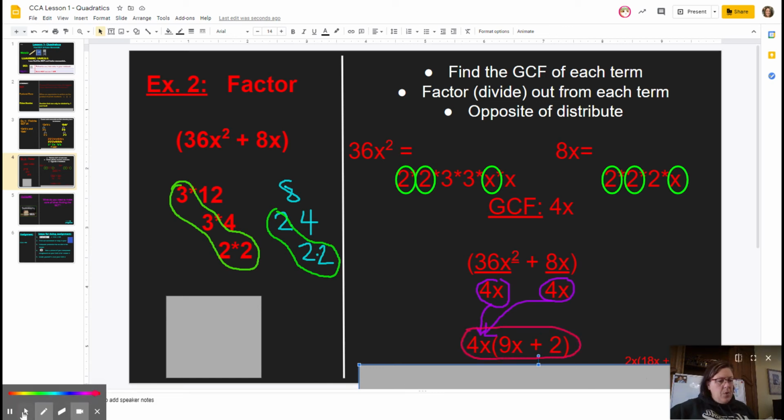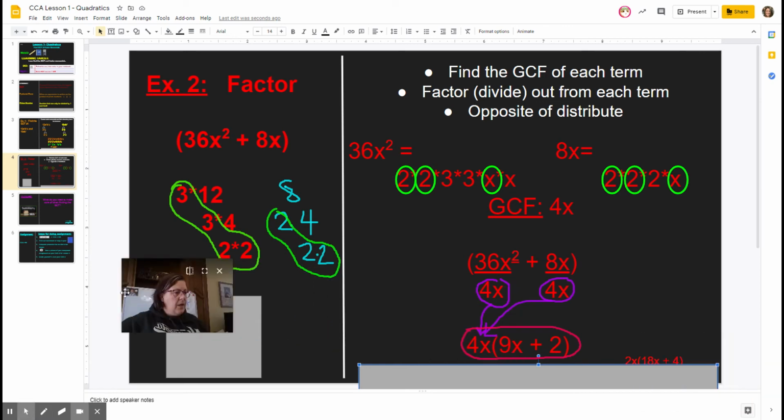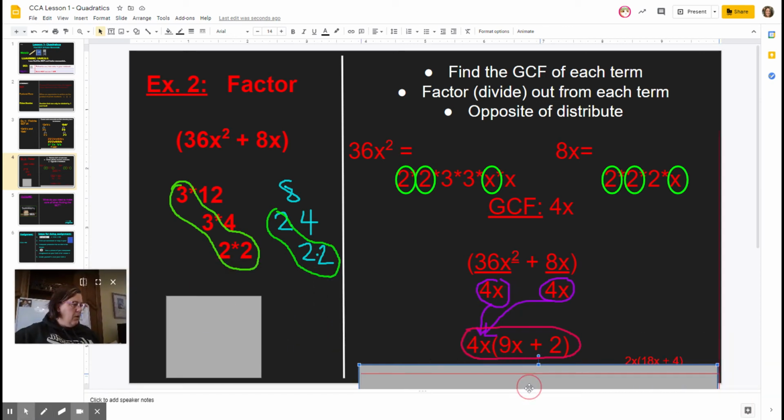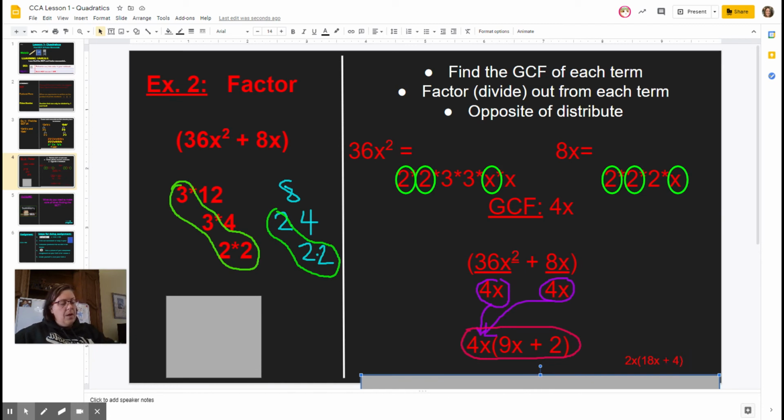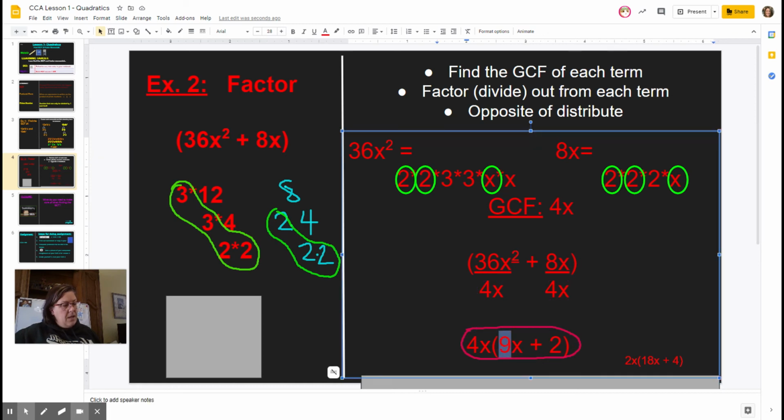Now, one thing I want to point out is that if you got to here, I know it's kind of small, but 2x times the quantity of 18x plus 4, what you really need to do is ask yourself, is there anything else that I can do to simplify? Well, in this case, there's nothing that I can divide 9 and 2 both by other than 1.